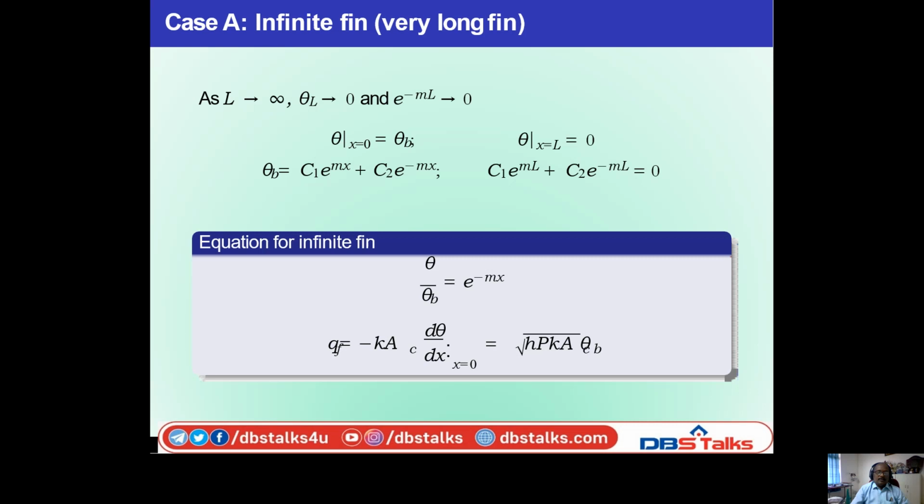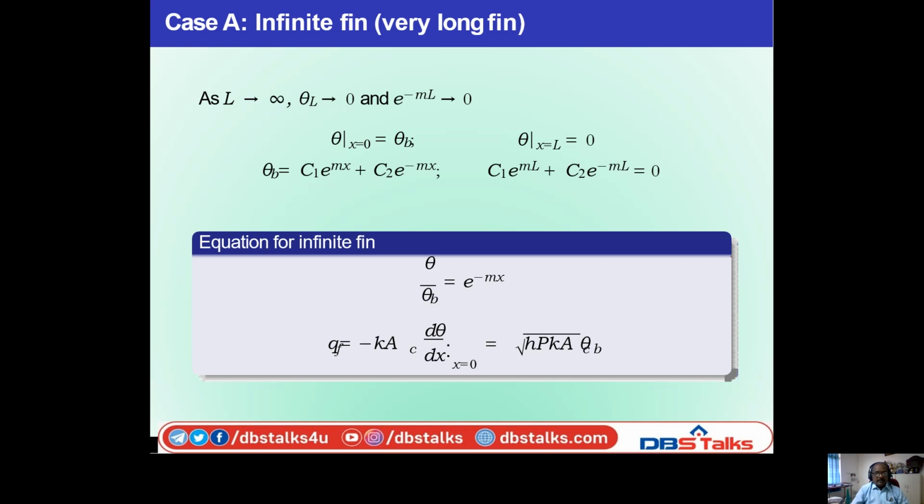Now next we have to find out the heat transfer. Here heat is transferred by conduction, that is minus kA into dT by dx, and dT means d theta by dx. If you differentiate theta, we get square root of hPkA into theta suffix b.